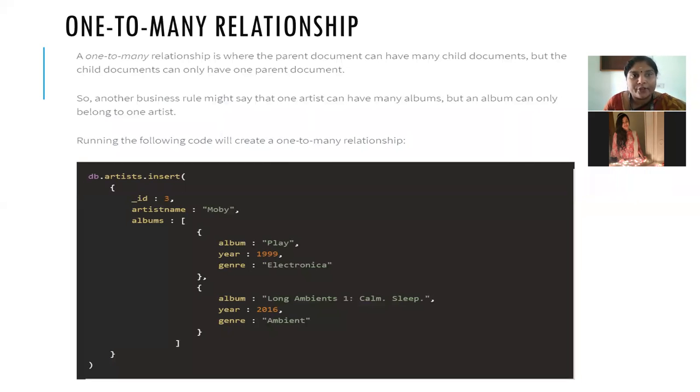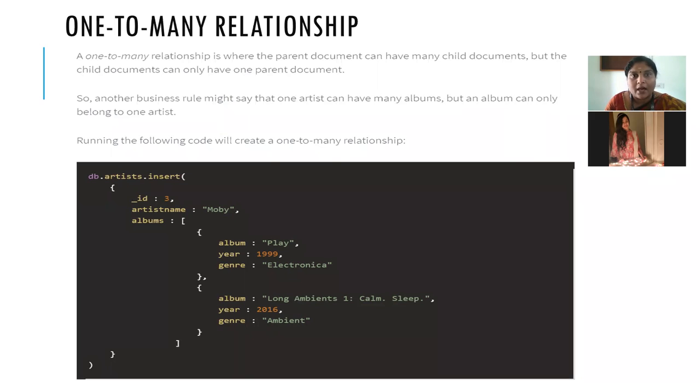Okay, so how we are going to insert that particular relationship in MongoDB is, as usual, db.artist.insert. Artist ID is 3, artist name is Mobby, and these are all the child documents. However many albums he wants, let him have. So I'm inserting the albums in the form of an array.